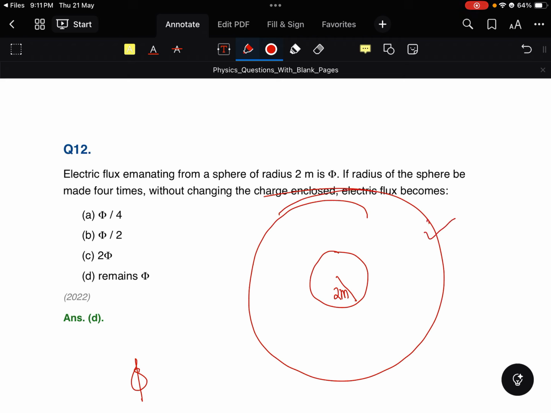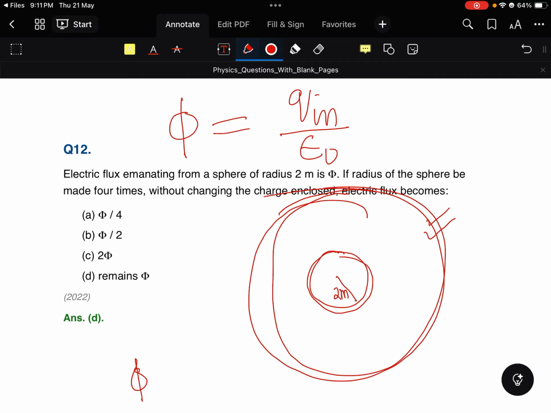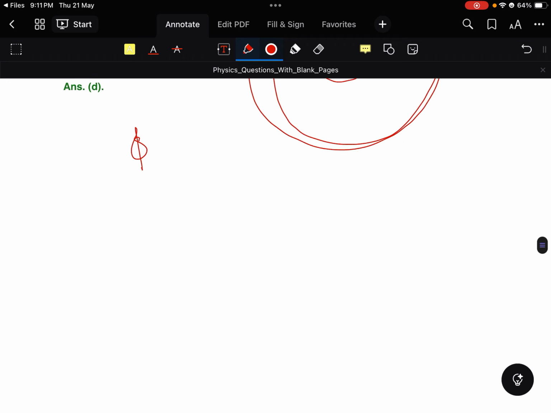The value of electric flux is not affected by the size of the closed surface, because what is the formula of electric flux? It is the charge enclosed divided by epsilon naught. So whether it is the sphere of 2 meter or of 4 meter, it does not make any change in the value of electric flux. It is clear. Therefore, it will remain same because both the spheres are enclosing the same amount of charge.